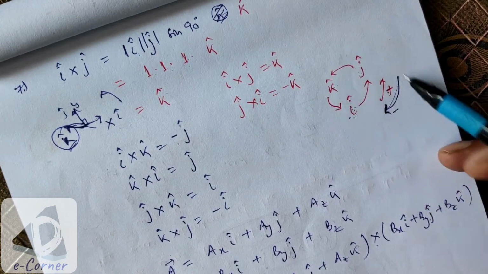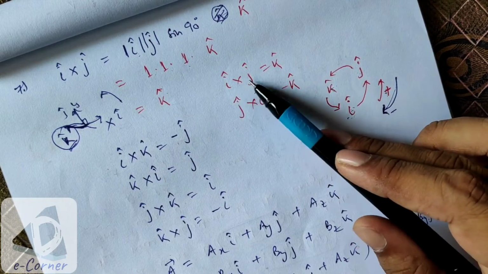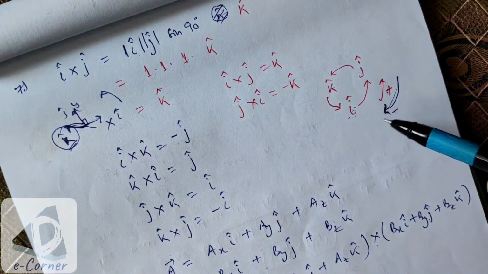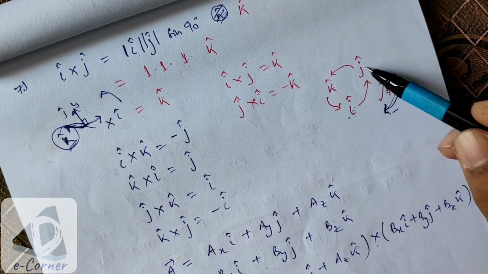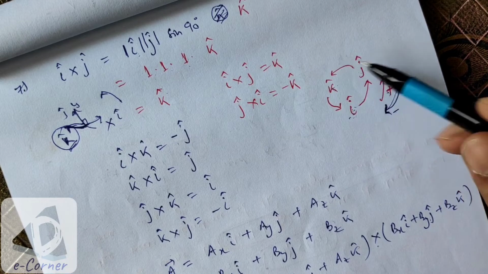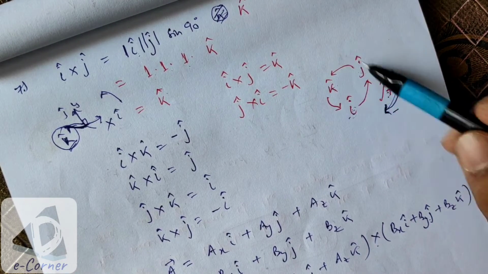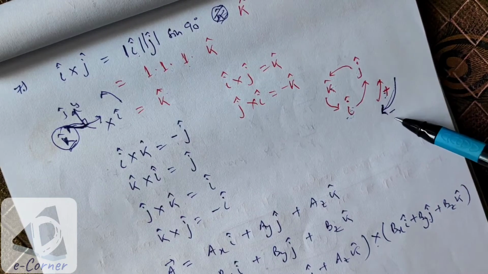So we have one way by which we can remember the result of I cross J or J cross I. We write I, J and K. If we go anti-clockwise, we consider the result positive. If we go clockwise, we get negative.